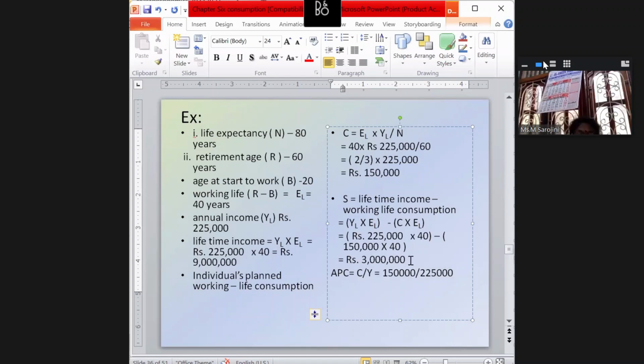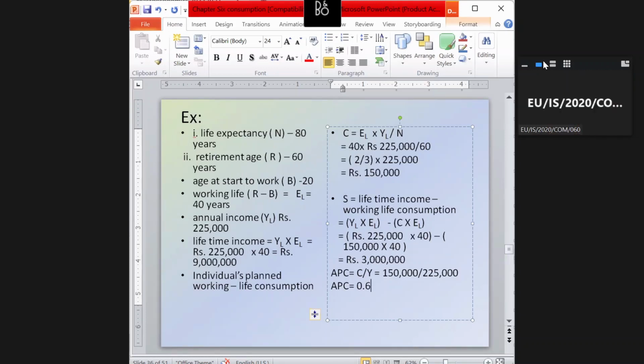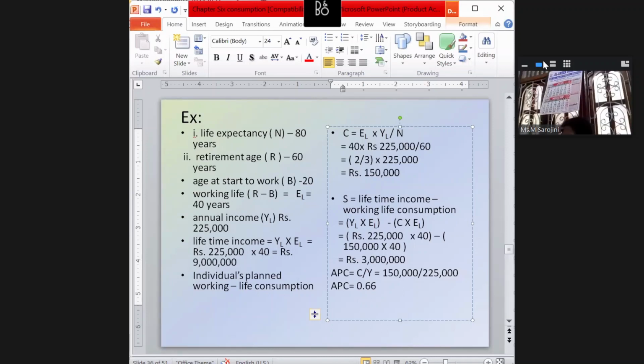How much? How much is the APC? 0.66, isn't it?